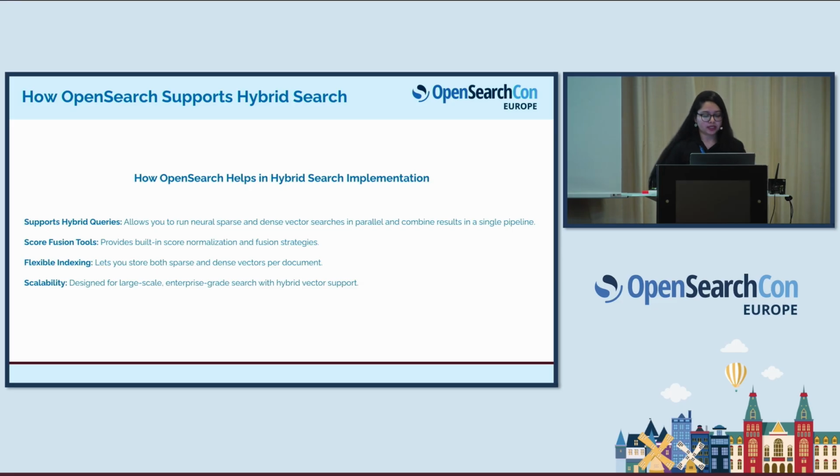Scalability: it is designed for large-scale enterprise-grade search with hybrid vector support. In the demo right now, I'm going to show you a local system, but you can also achieve the same results on AWS and the enterprise version of it as well.